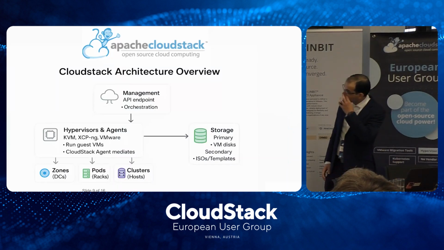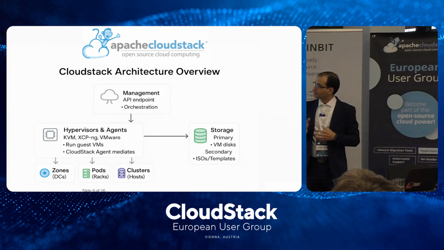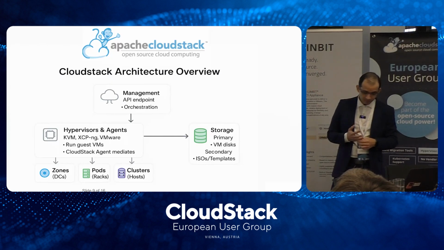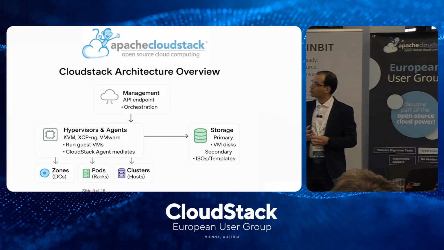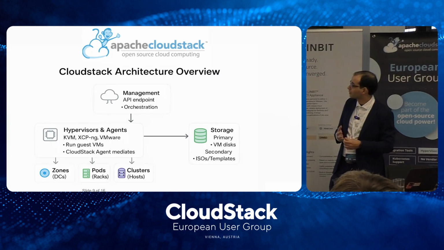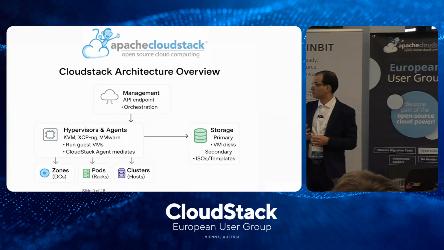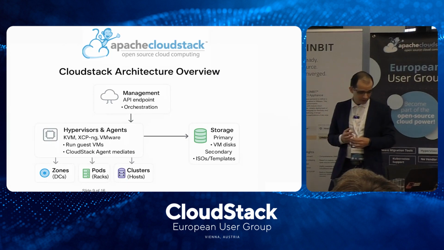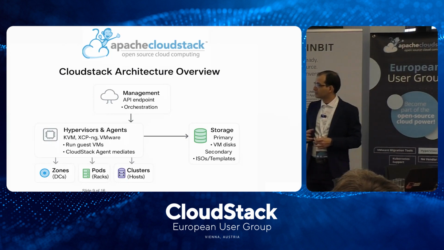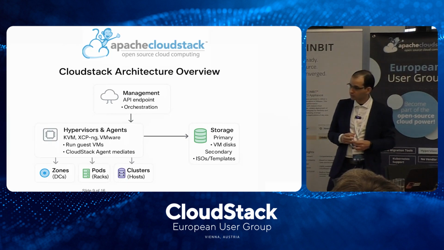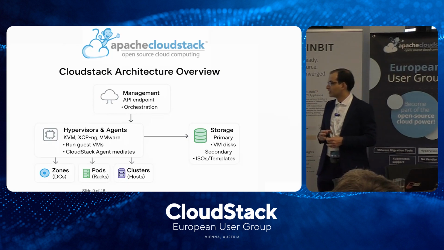Let's take a look quickly at the architecture of CloudStack. We will have a VM, a virtual machine, where we will have installed the CloudStack management server. There, of course, is the API endpoint, and all the orchestration of the platform is done there. We have the hypervisors.